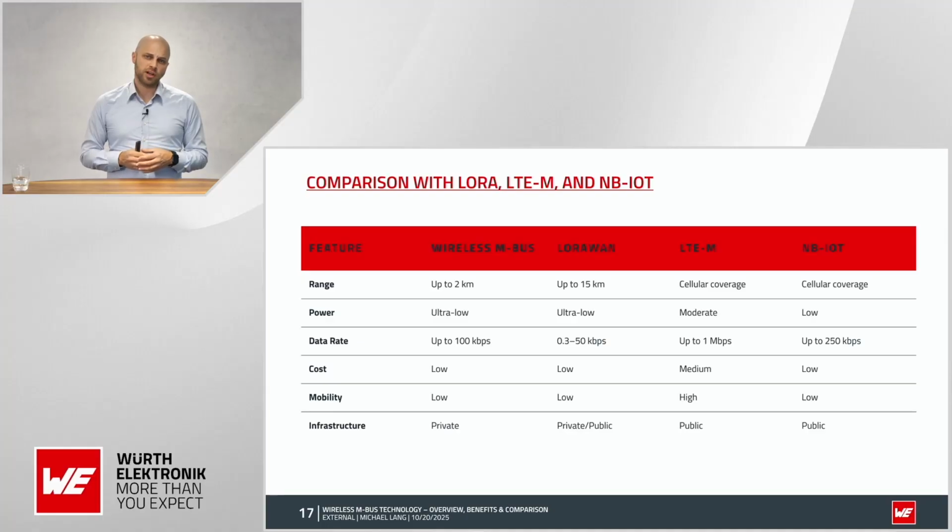It's also a technology based on ISM radio frequencies, so also the same frequencies, 868 megahertz, and 433 and 169 megahertz are usable here, with the same disadvantage that you cannot use it worldwide, and with the same advantage of long ranges being possible. The cellular technologies, LTE Cat-M and narrowband IoT, are very comparable.